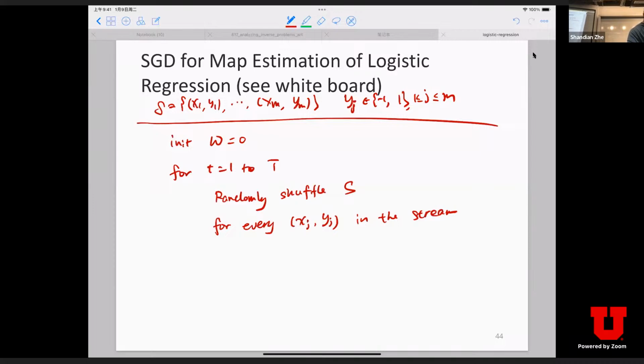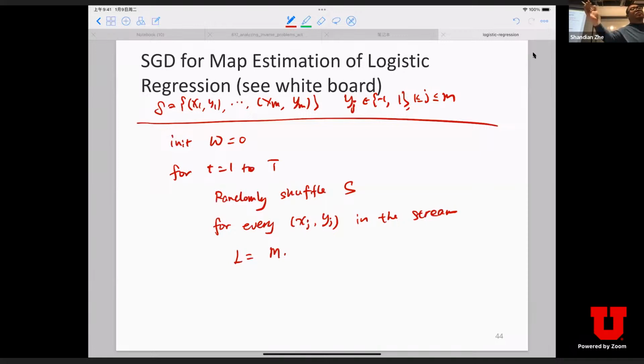Then you need to calculate the stochastic gradient. The stochastic gradient is based on the so-called stochastic objective, where you duplicate this example m times. Remember, we have regularizers. That's why you duplicate this example, so that you fake a data set of the same size as the original data set.